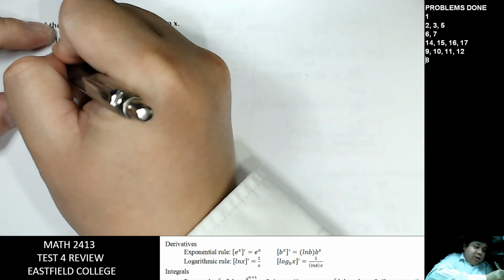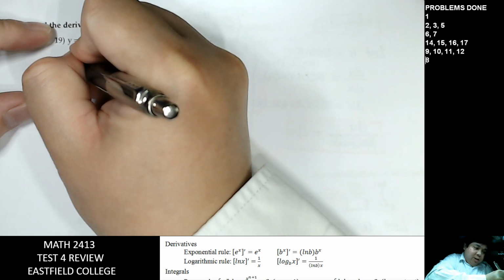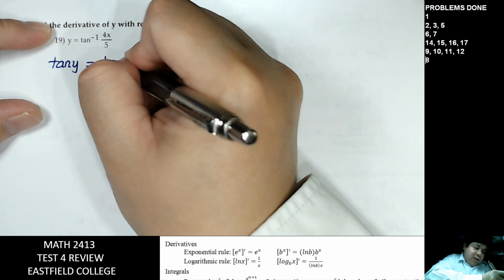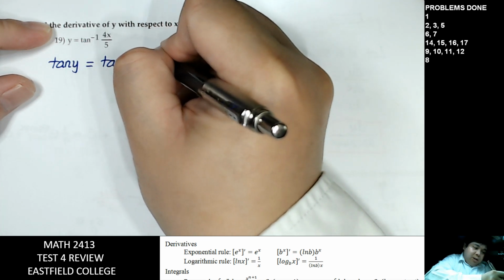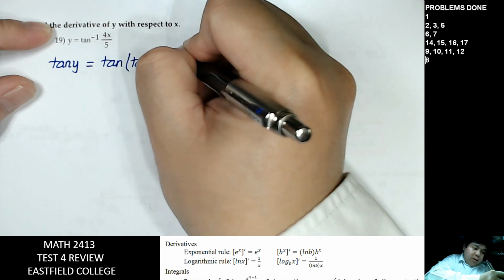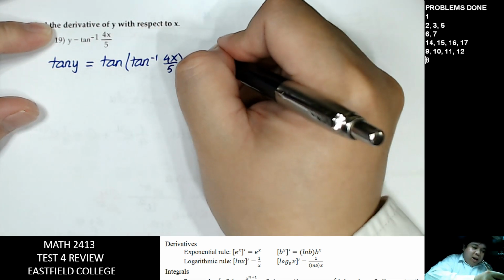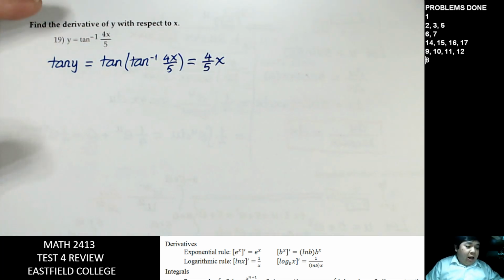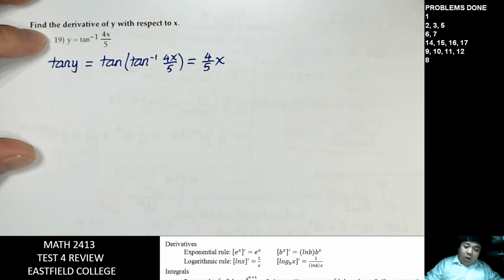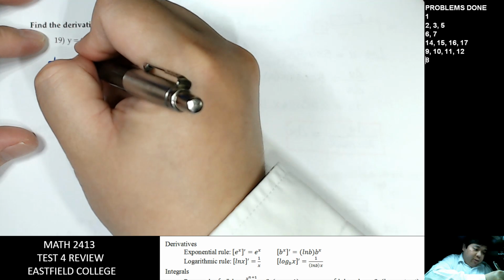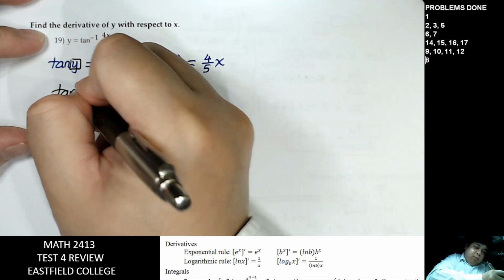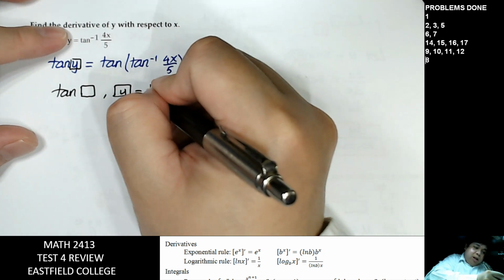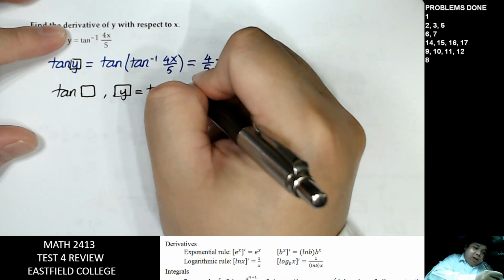Notice that if we take the tangent of the tangent inverse, the tangent and tangent inverse cancel out, giving you 4 over 5x. I'm going to write it like that instead. Now we take the derivative on both sides. Notice that y is a function of x, so we have tangent of the box, where the box is y equal to tangent inverse of 4x over 5.